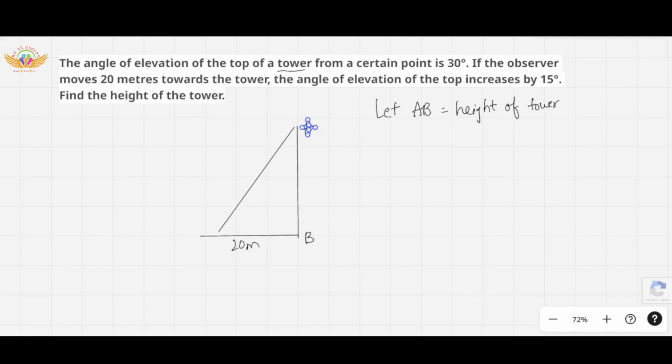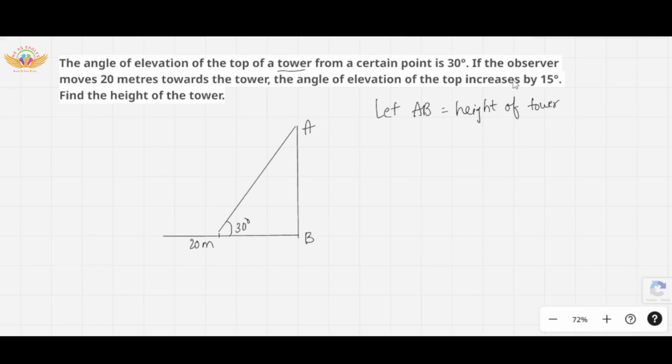Now from this point he has been moving a bit, 20 meters, and the angle of elevation of the top increases by 15 degrees.